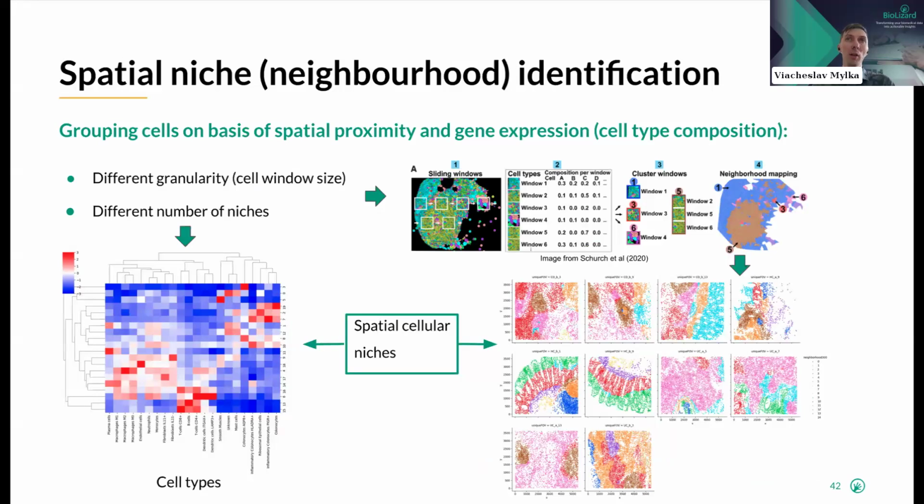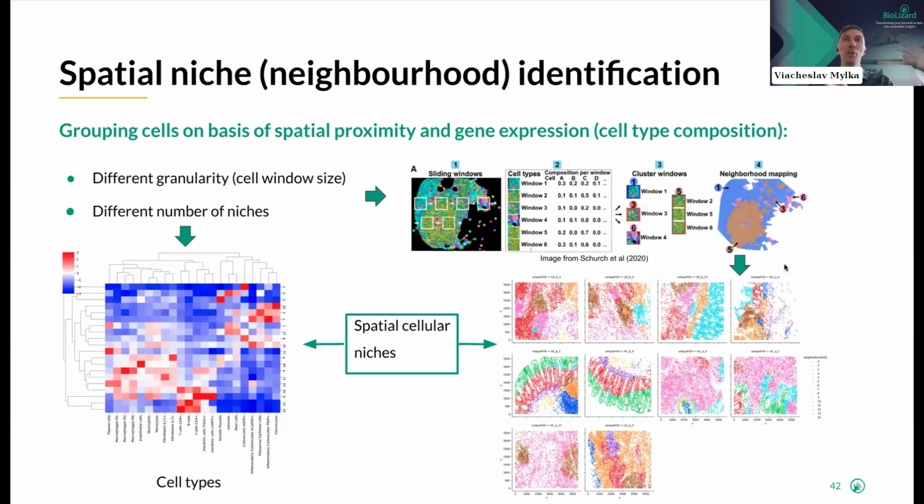I like the rather simple and elegant approach from the Gary Nolan group, where they slide across tissues by using cell windows of, for example, 100 neighboring cells. And then they compute composition of cell types within those windows. And then they repeat it for all cell windows within one tissue and do this for other fields of view.